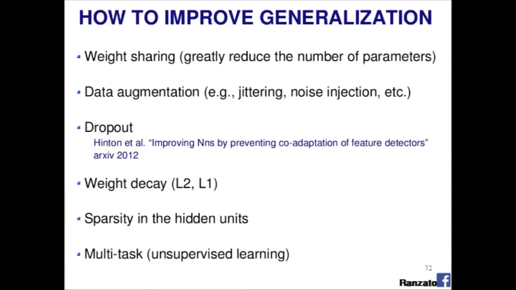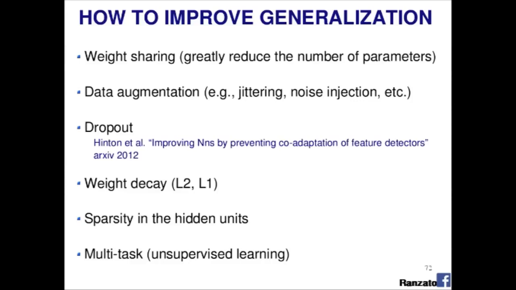Ways to improve generalization. Of course, you reduce the number of parameters if you can by sharing weights. That's a great way. If you also know how things transform, how the patterns in the input transform, you can augment the data so that you get a much larger training set. You can inject noise in the input as well as in the hidden units.